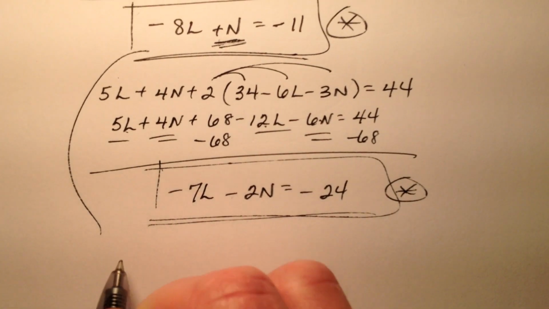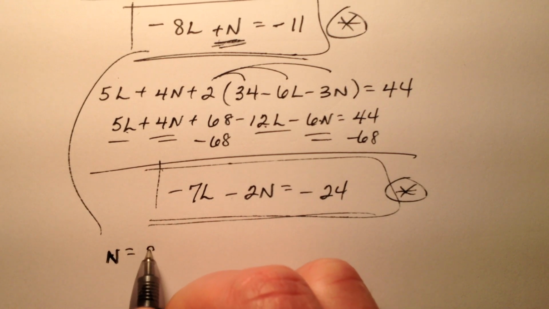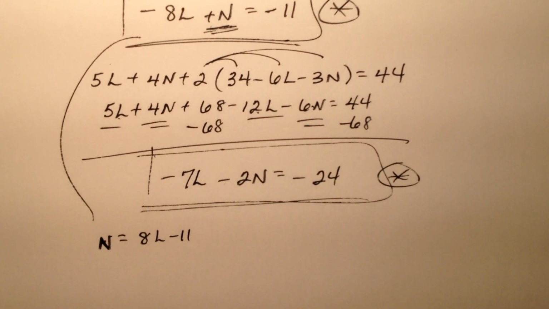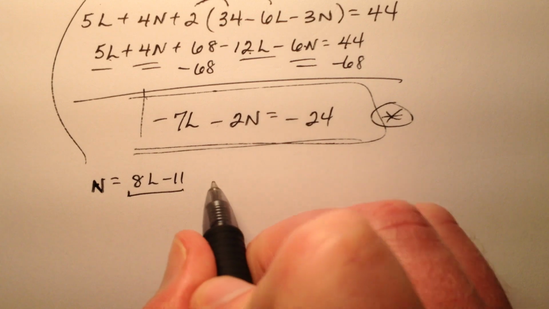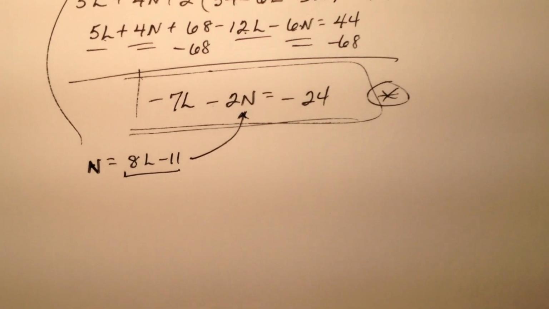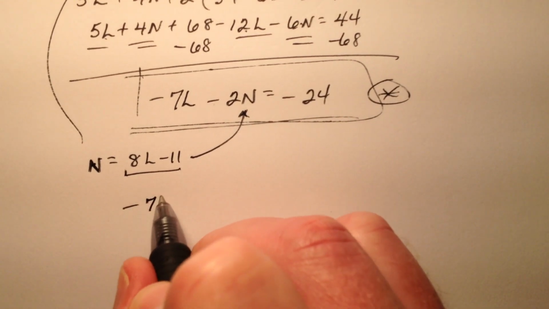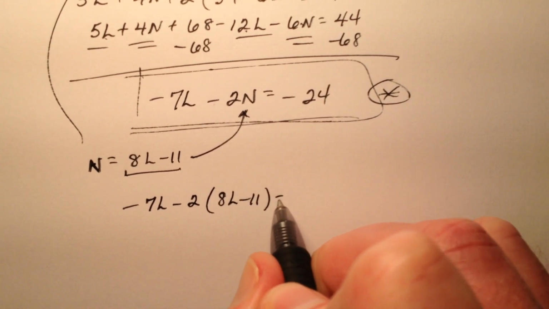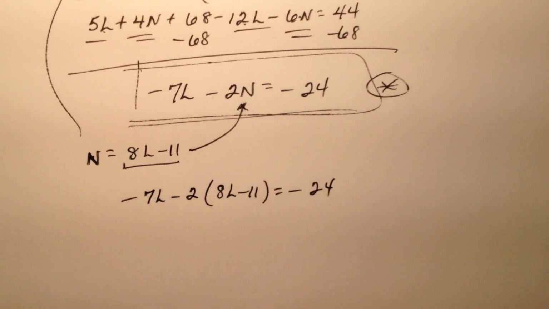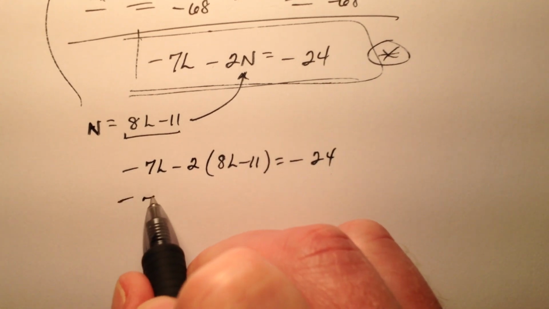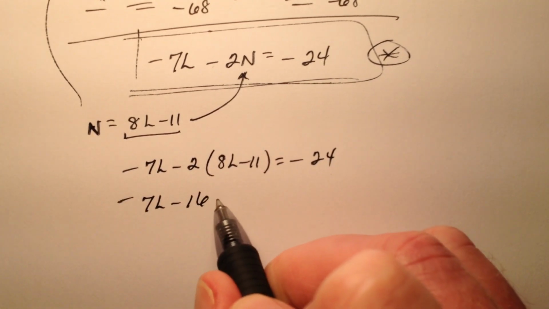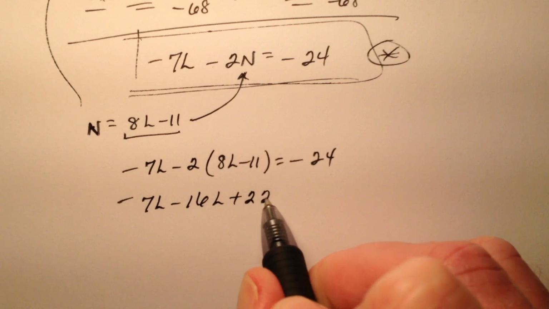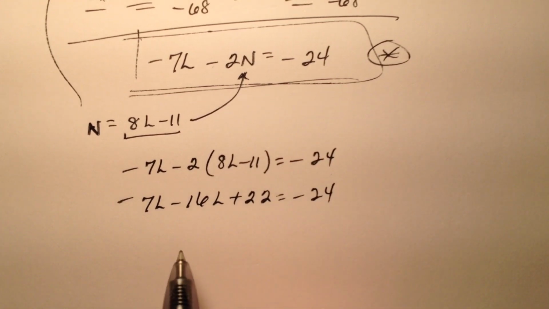So in this case, it looks like N is going to equal 8L minus 11. And if that's the case, let's go ahead and substitute it in. So negative 7L minus 2 times N, and N is 8L minus 11, and that equals negative 24. So we're just going to finish working this problem out and get my value for L.